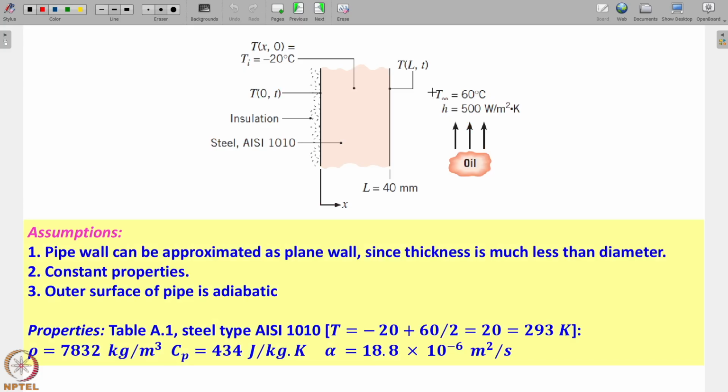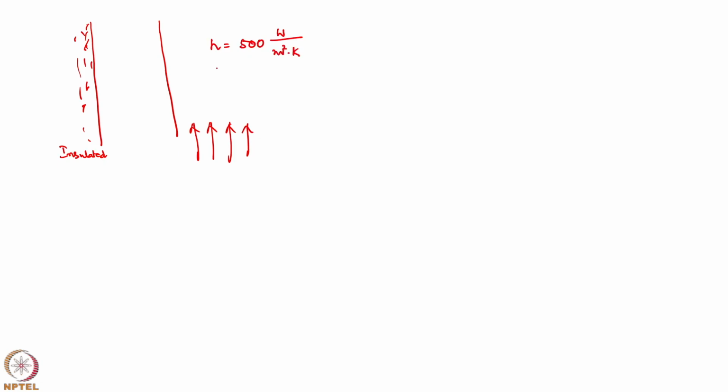You have a plane wall, this side is insulated, and on one side you put the convective boundary condition, h equal to 500 watt per meter squared Kelvin, and T infinity is 60 degrees Celsius.